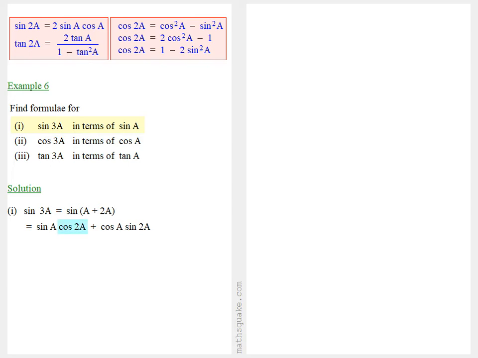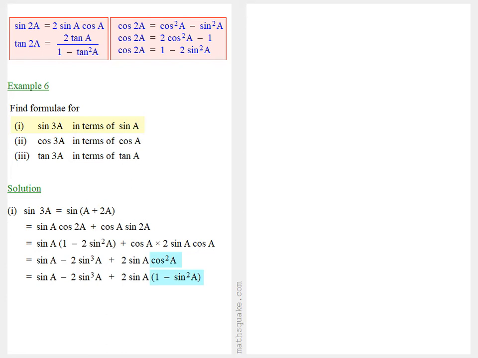Now the cos 2A can be written as 1 - 2 sin² A, and the sin 2A could be written as 2 sin A cos A. Now that simplifies to sin A - 2 sin³ A + 2 sin A cos² A. But cos² A can be written as 1 - sin² A. So that simplifies to sin A - 2 sin³ A + 2 sin A - 2 sin³ A. Now this can be simplified down to give us sine of 3A is equal to 3 sin A - 4 sin³ A.